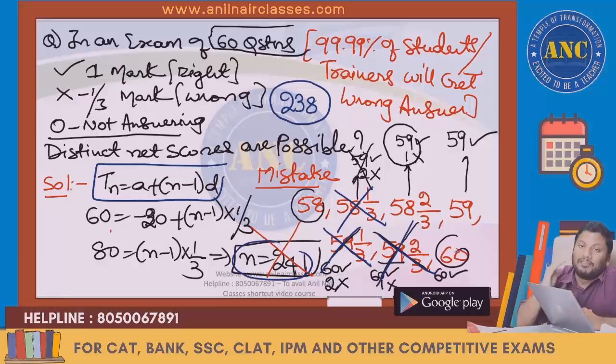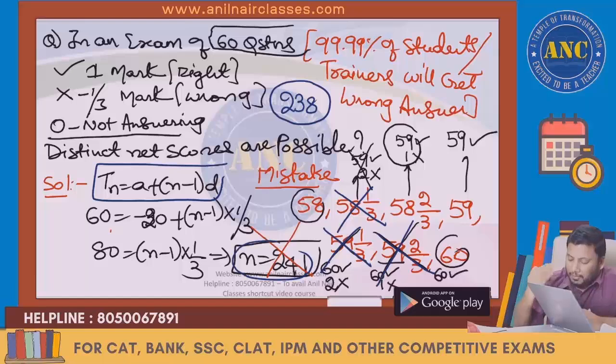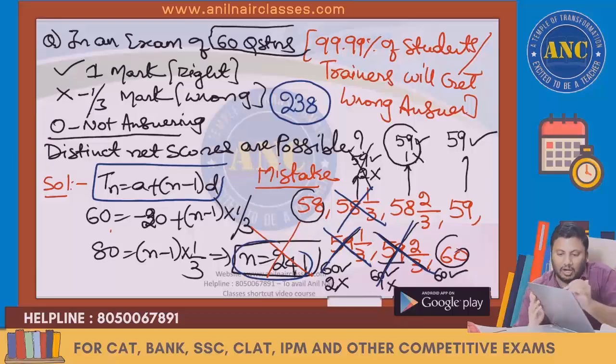Not possible. 59 1/3: 60 right, 2 wrong. Attempts are more than 60. Not possible. 59: only 59 attempted, all 59 right. Possible. 58 2/3: 59 right, 1 wrong. So 3 are not possible and the answer is 238.